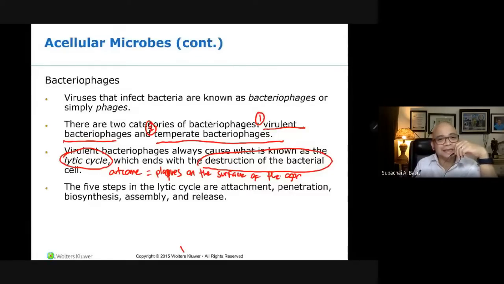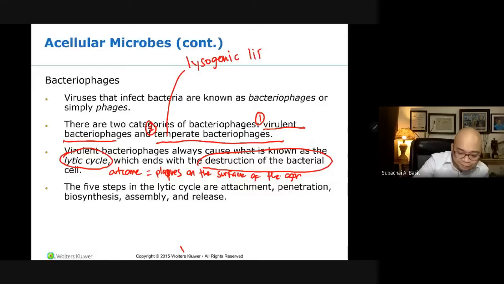The other type is the temperate bacteriophages. Temperate bacteriophages will undergo the so-called lysogenic life cycle.